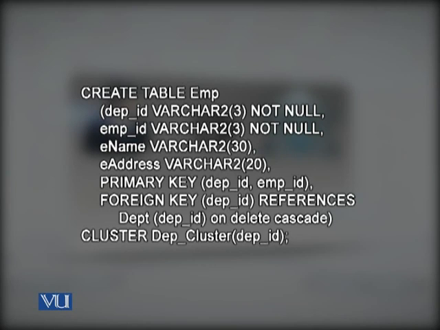The department ID and the employee ID are combined together. The department ID has also been declared in the cluster as well. So we can relate it with the cluster: the key defined in the cluster plus the attribute defined within this contained table, which is the employee ID.